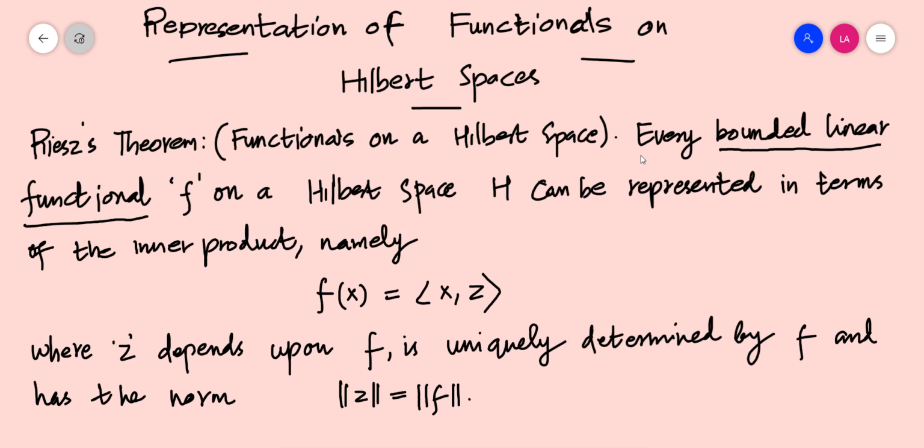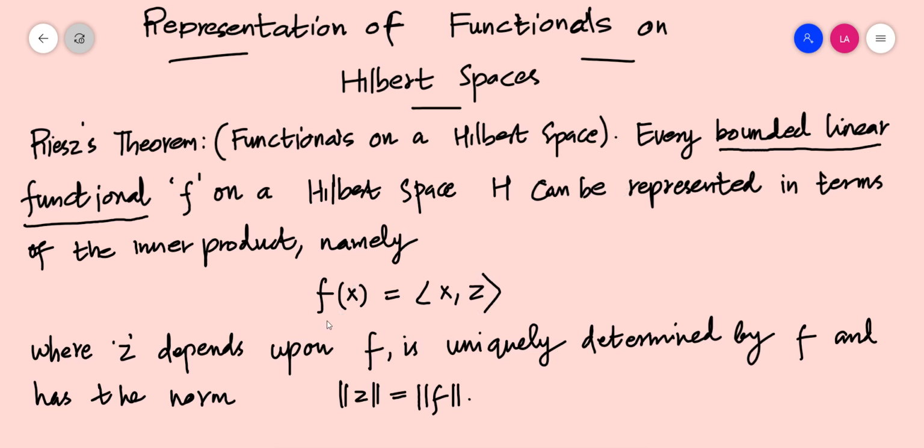So, if you define an arbitrary bounded linear functional on a Hilbert space, it always has the format f(x) = ⟨x, z⟩.